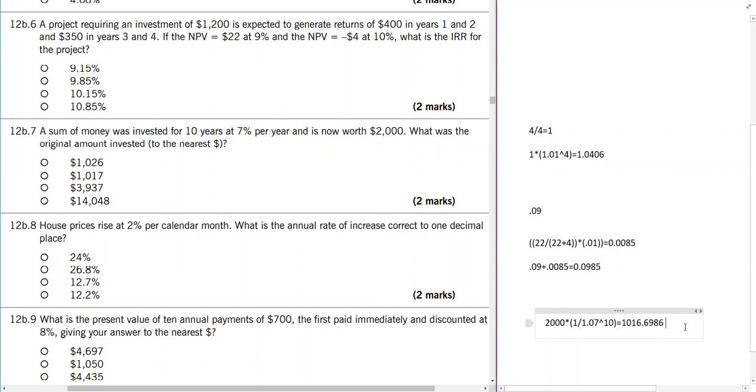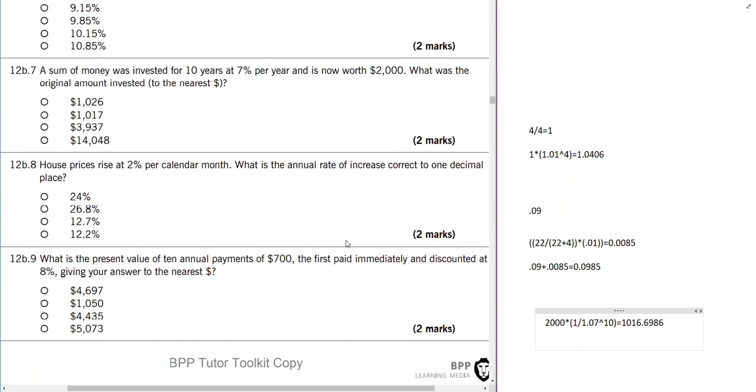So it would be 1,060, or round off would be 1,017. If you are not sure, you could just double check it. You could do this calculation to find back the future value, and you can see it is correct.